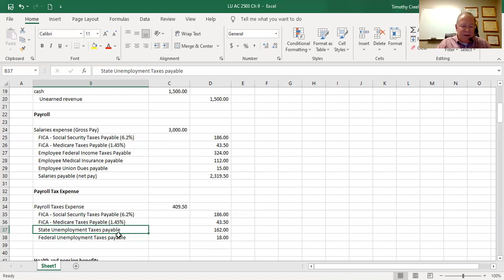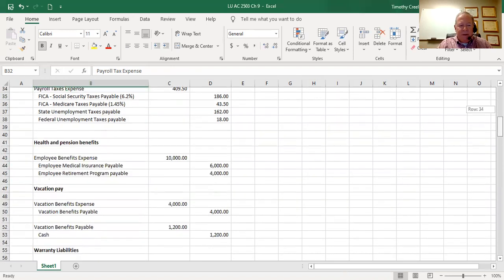So typically you'll see state unemployment taxes payable and federal unemployment taxes payable. Other names for these are SUTA and FUTA. So this is how a company would handle payroll expense for the areas where they have to pay to some government organization for having employees.